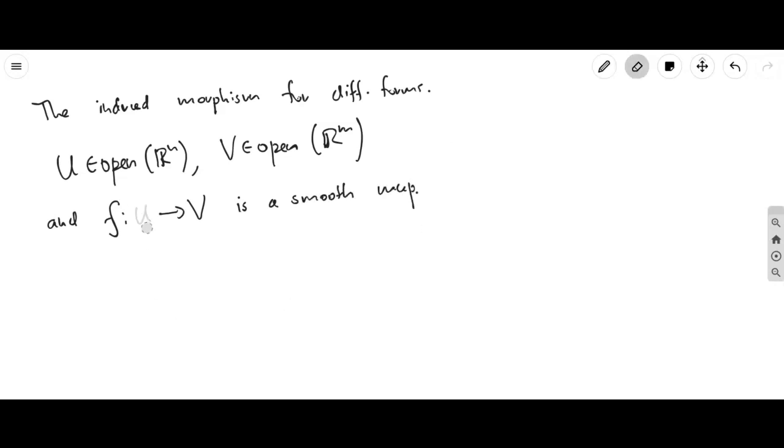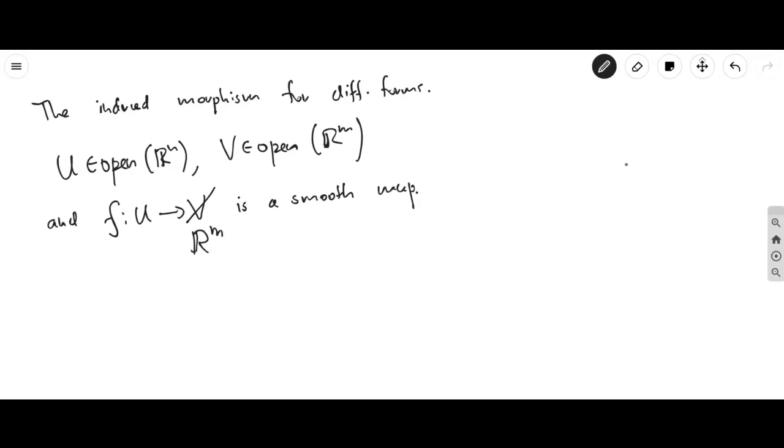We know what it means for a map into R to be a smooth map. It means all of the partial derivatives of F exist, and you can differentiate as many times as you want. But when you're mapping into V, and V is an open subset in R^m, then you really are mapping into R^m.